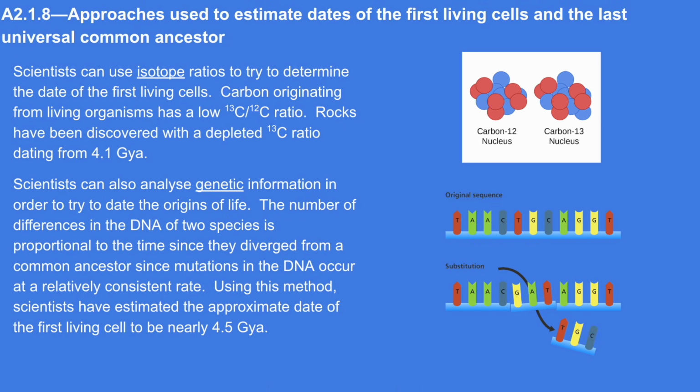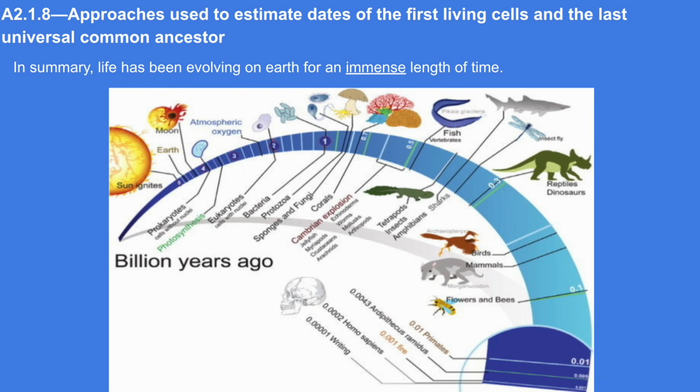Okay, we can also work on estimating dates of when life began by looking at isotope ratios, or by looking at the number of mutations that have occurred in DNA. And mutations occur at a fairly known rate, and so then we can count backwards and estimate when those first cells would have shown up.